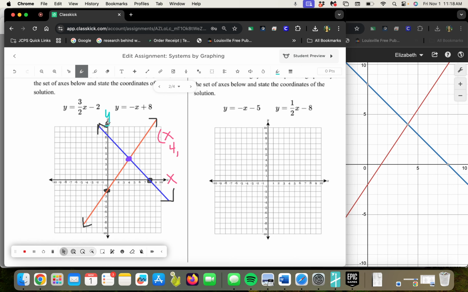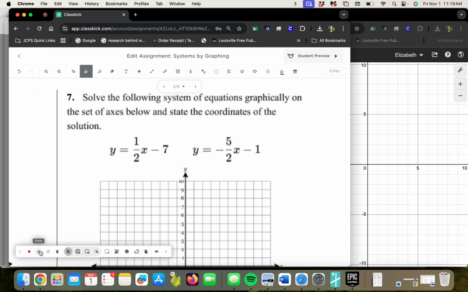And then I need to do my y coordinate next. And so if I look at where it is on the y-axis, it also lines up with 4. So that means my solution to this system is 4, 4.